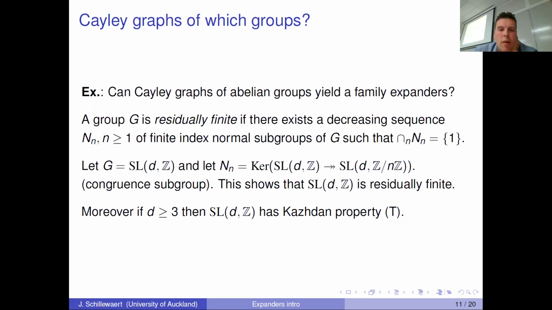And then there's a more fancy property called Kazhdan property T. You can trust me on faith that SL_d(Z) for d at least 3 has both these properties. Especially proving the second property is quite difficult. But what it means is SL_d(Z) has very nice properties which will help us to construct an expander.